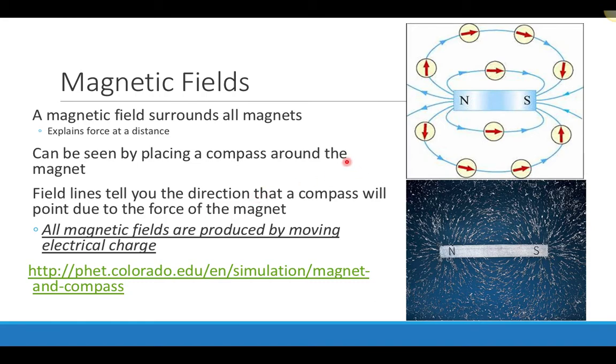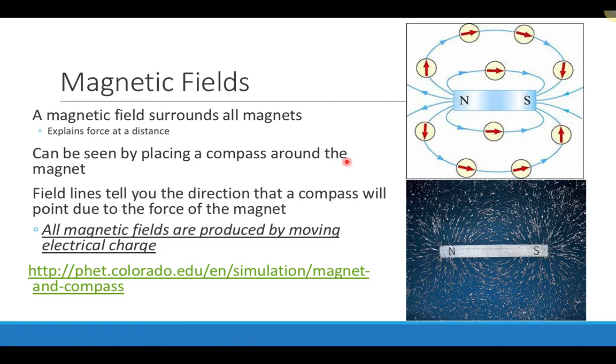So, as I mentioned earlier, a magnetic field is basically a field that surrounds a permanent magnet. And so it explains the fact that permanent magnets can exert forces on one another at a distance. So we can see that there's a magnetic field present, or we can test for it, by taking a permanent magnet and then putting another magnet nearby and see if that magnet is deflected.